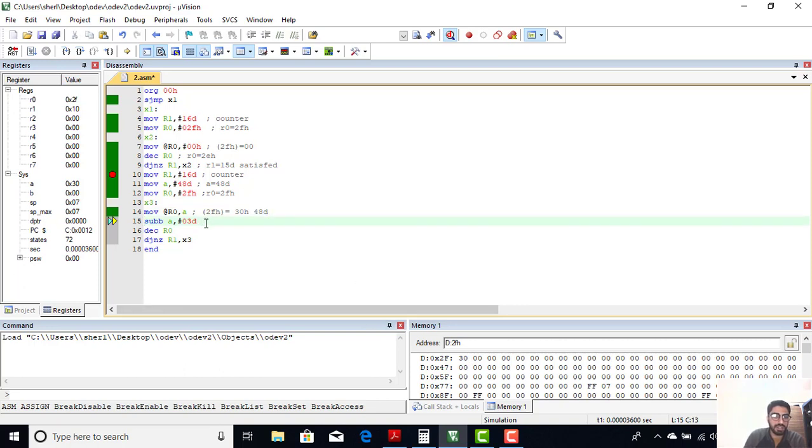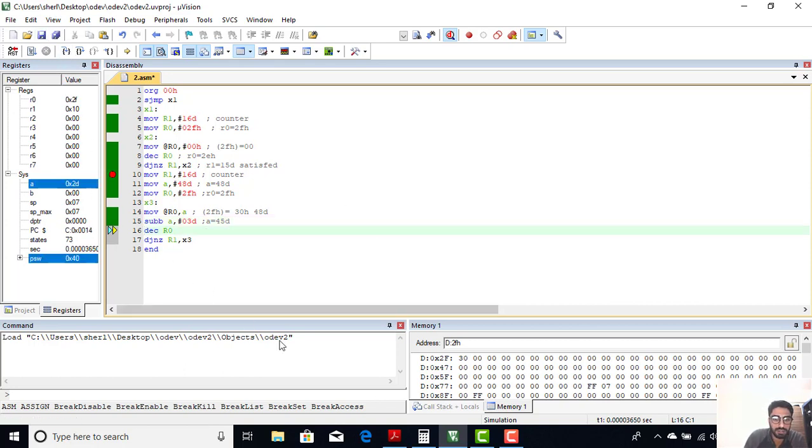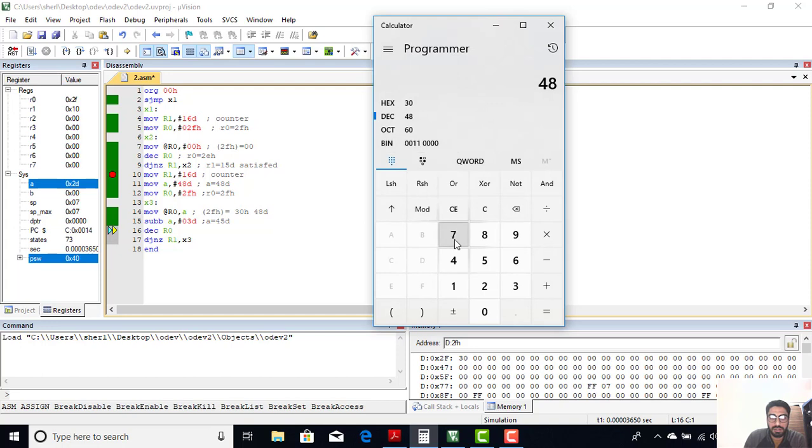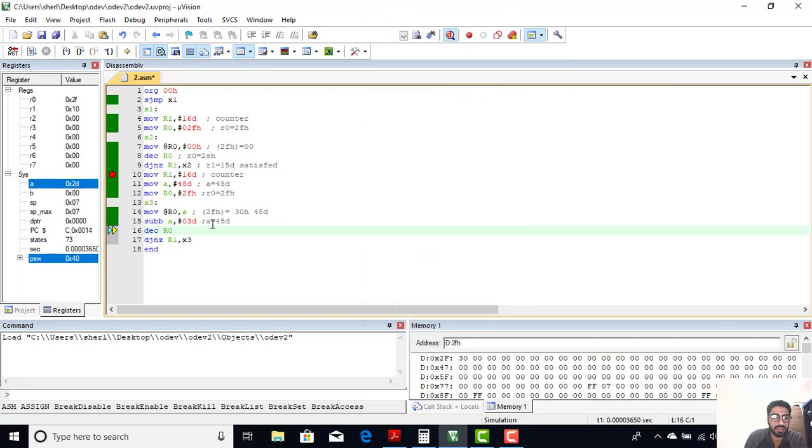And now we are subtracting from A 3. Sorry, now A equal to 45 decimal, which is 2D. Let's see, 45, yeah, equal to 2D. Yeah, that's right.